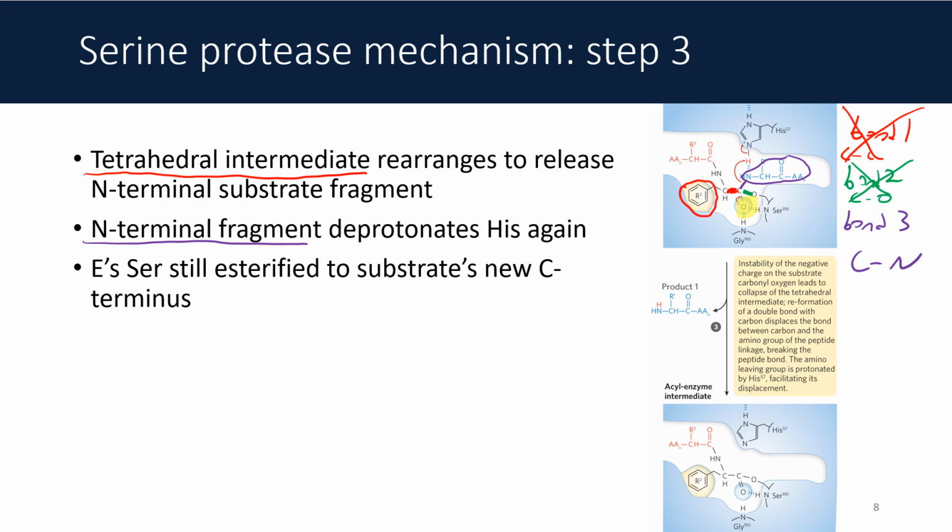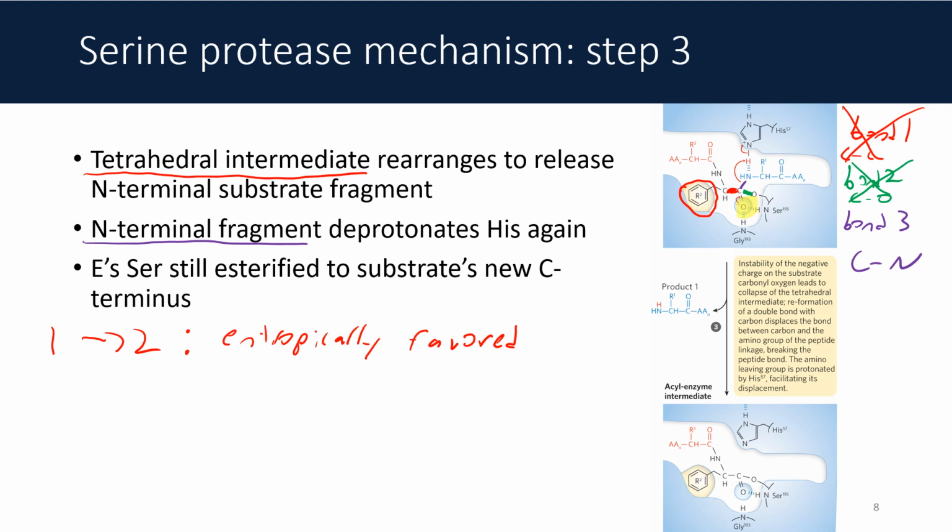So chopping that part off is going to cause it to very easily diffuse away. And remember that if you go from 1 molecule to 2, that is going to be very entropically favorable because it's disordered. That's not the only reason why bond 3 is the one that we get rid of.